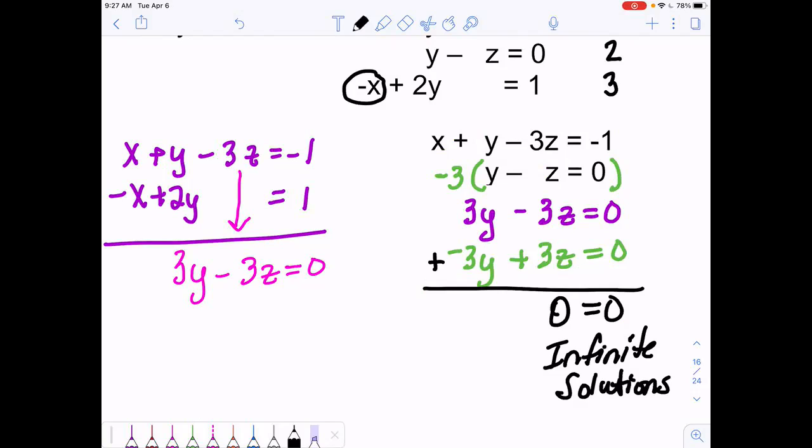And here's where the problem gets a little weird. So you cannot just say there are infinite solutions and be done with the problem. We have to still write a triple, an ordered triple, which is in the form x, y, and z. That's how my solution should look. I should have 3 numbers that represent the solution.